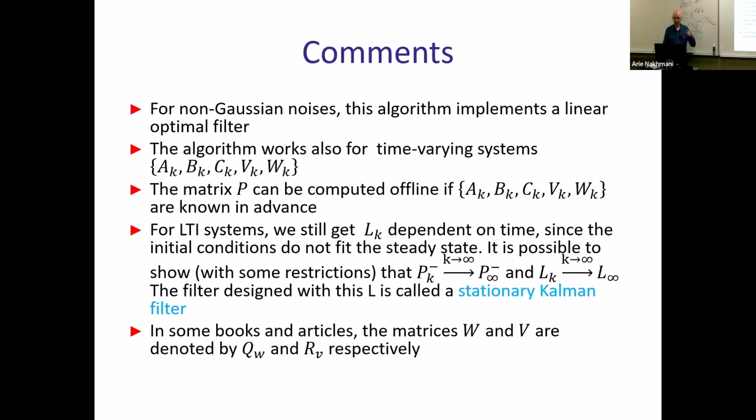Similar to your J definition: if you remember, the J definition for LQR was with Q and R. R was multiplying U squared, and Q was inside the X transpose QX quadratic form, right? People use the same letters for the Kalman filter in some textbooks. So if you see that type of terminology, you need to know that these are the same thing.